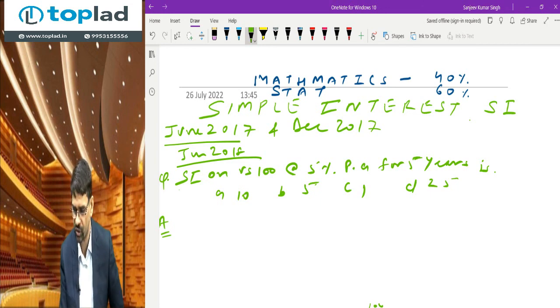Read the question 2 times, write the formula, put the numbers and get the answer. If you are a beginner, if you really do this chapter first time, at least note this question in your notebook with all the steps.